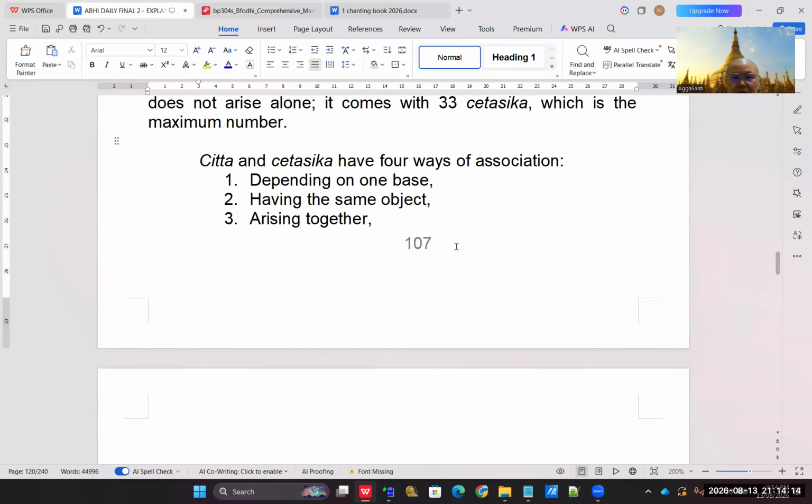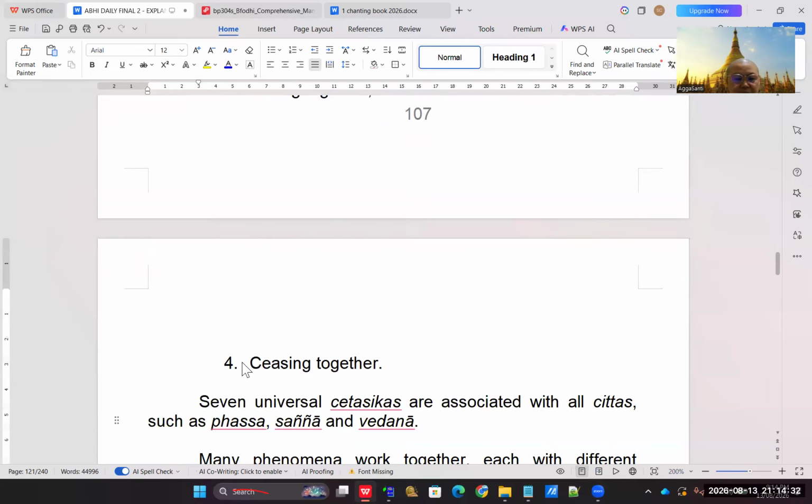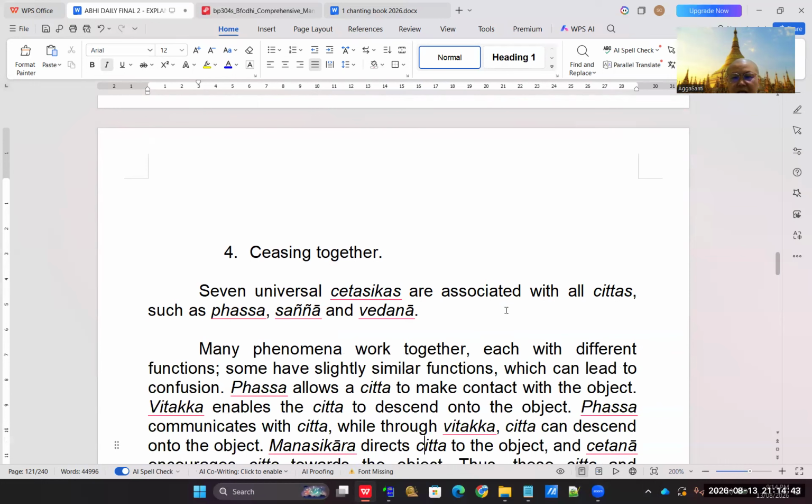Anyway, we go back to the main thing. I hope you all remember this. Cetasika have four ways of association: depending on one base, having the same object, arising together, and ceasing together. And the seven universal Cetasika are associated with all Chittas.